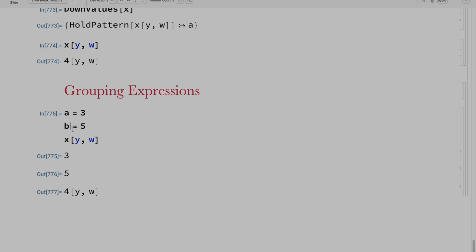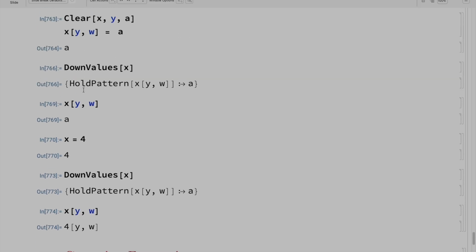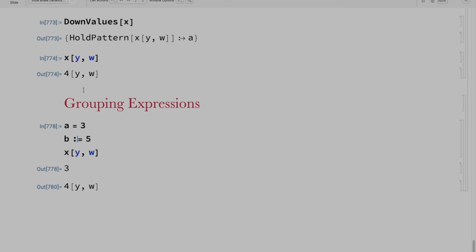Let me make this a SetDelayed to show you what will happen. If I do this, the Null doesn't show, of course, because when the result is a Null, it doesn't show. It's just suppressed. It's not printed unless I force it out by using the full form. Okay, and let me put it back.